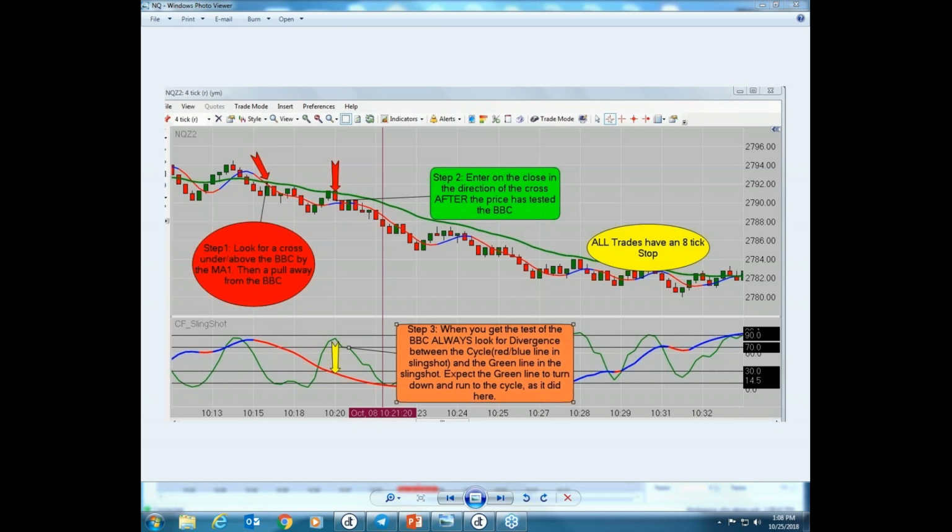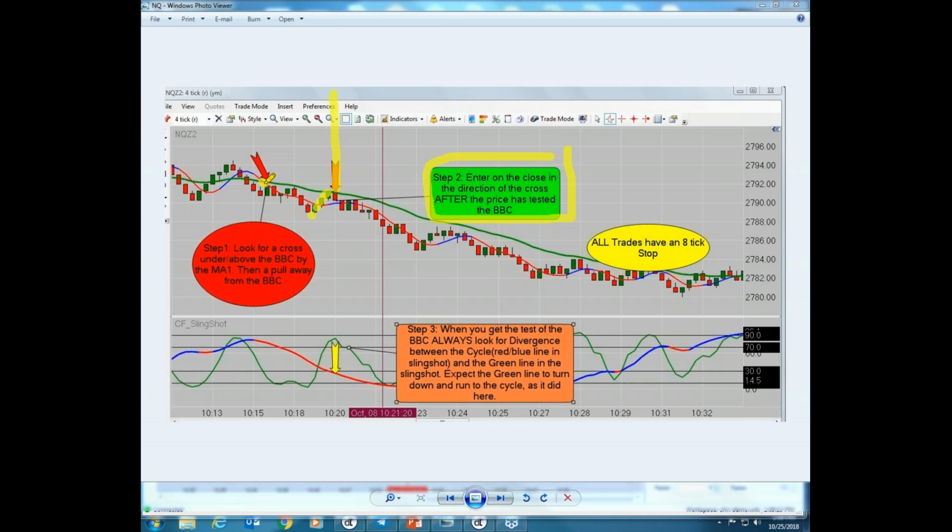Step 2. At some point after the cross, this being a bearish cross, the normal thing for the market to do is to gravitate toward that green line, the BBC. That's normal. So what you're looking for is for the market to go up and touch the BBC, as it does here, but then close in the direction of the trend.